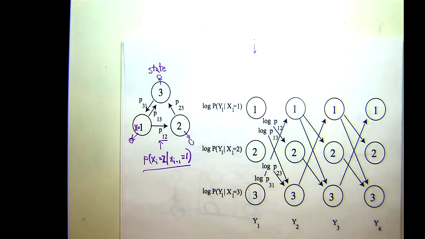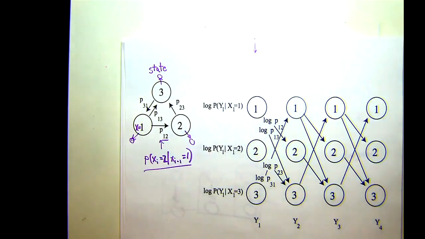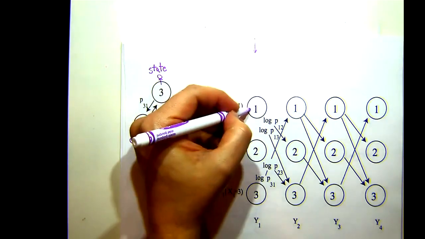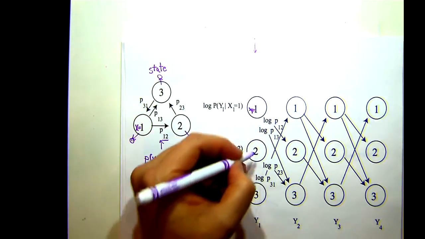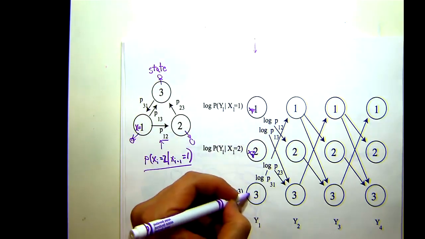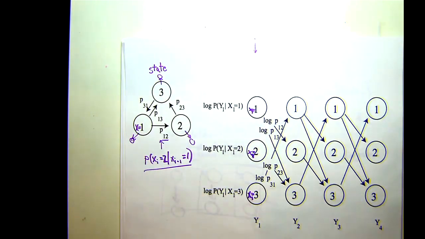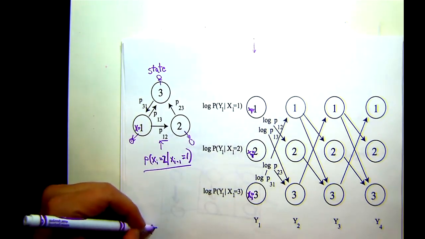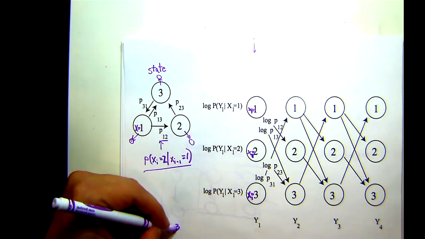And again, we're talking about discrete time. At each time step, we can be in a certain state. So these are the x's: x1 would be equal to 1, x1 would be equal to 2, x1 would be equal to 3. So in this case, x can take the values of 1, 2, 3.